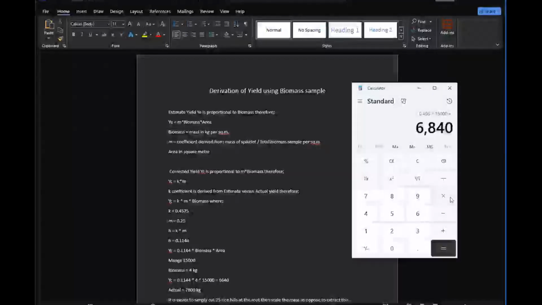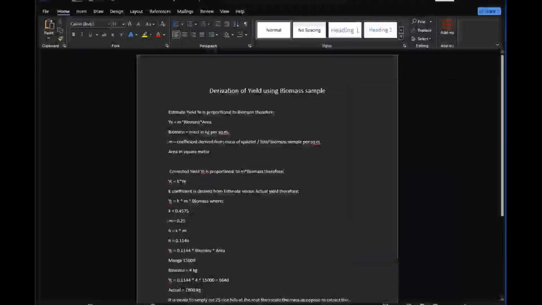Minus 78. So it's off by, let's just say 1 ton. Okay. So as you can see, it's pretty close to actual yield.